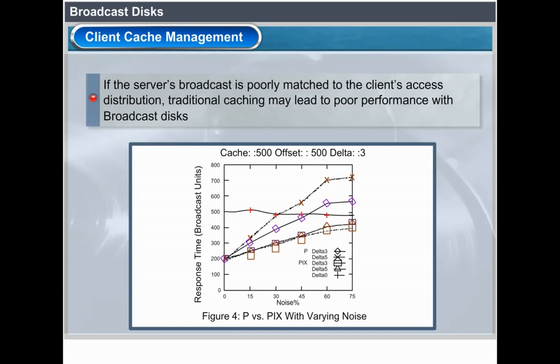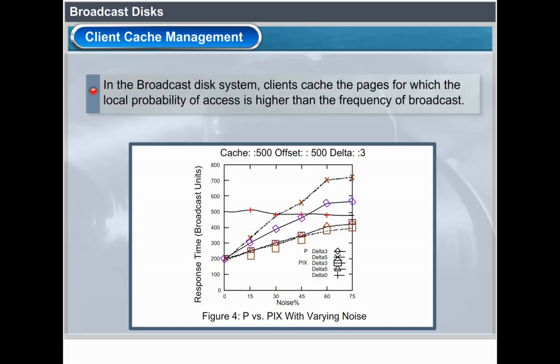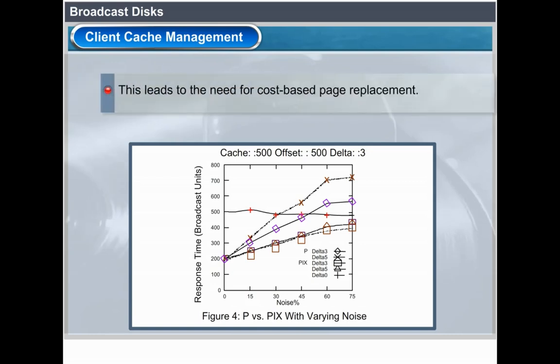With broadcast disks, traditional caching may lead to poor performance if the server's broadcast is poorly matched to the client's access distribution. In the broadcast disk system, clients cache the pages for which the local probability of access is higher than the frequency of broadcast.